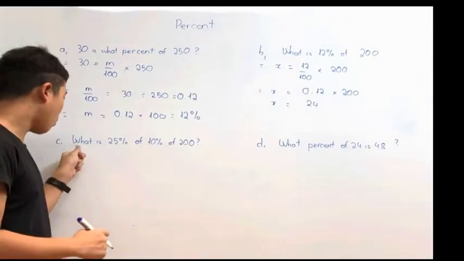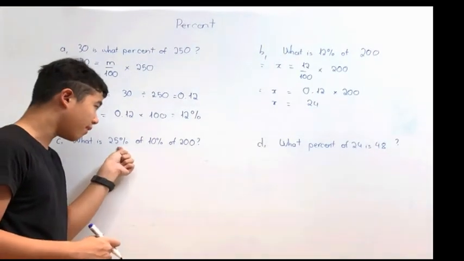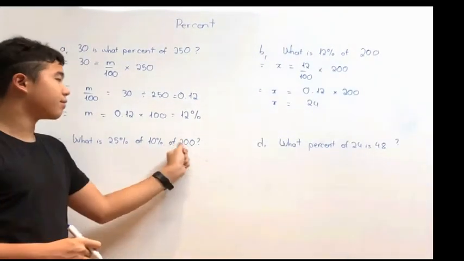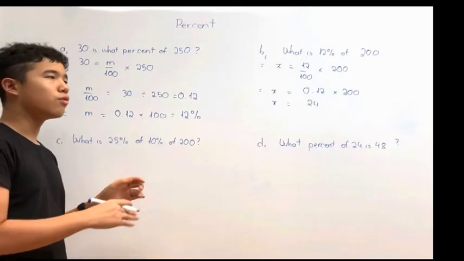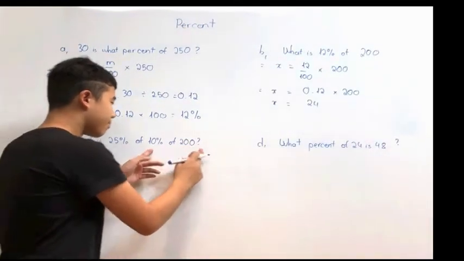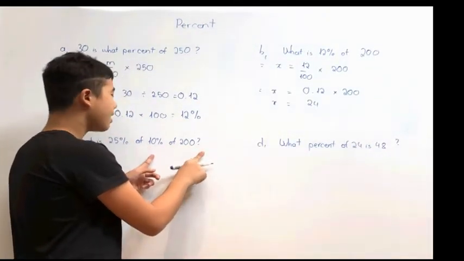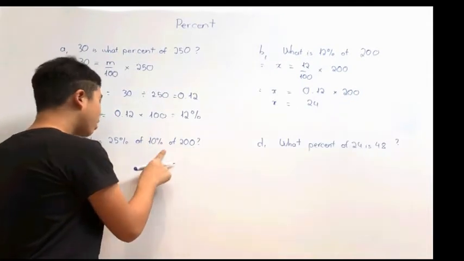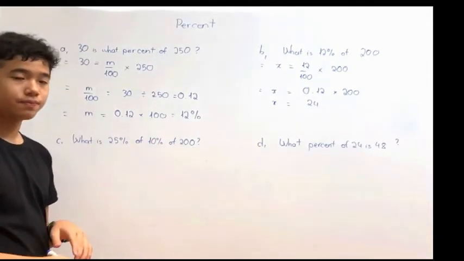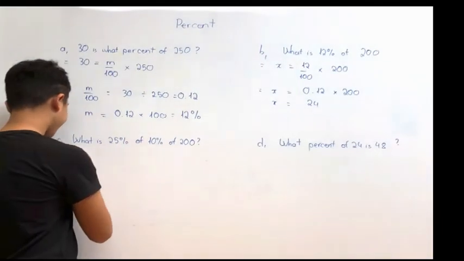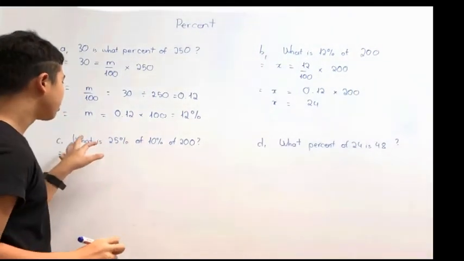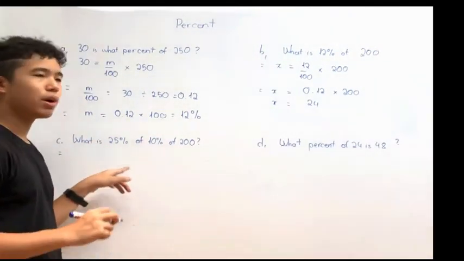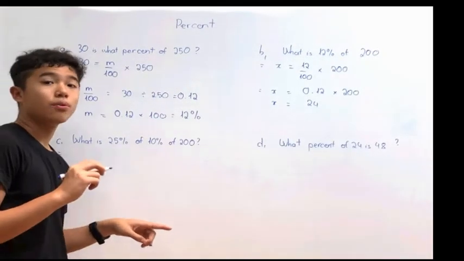So they ask, what is 25% of 10% of 200? So first we need to find 10% of 200, and then we need to find 25% of it. Let me show you the way. What is the first one we need to solve?